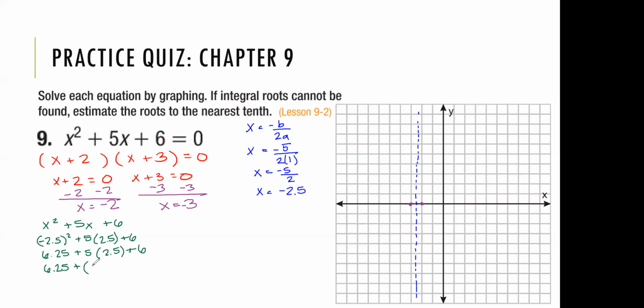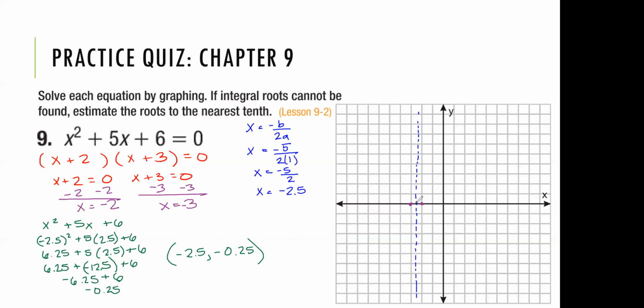So that's 6.25 plus negative 12.5 plus 6. So 6.25 plus negative 12.5 is negative 6.25, plus 6, and that equals negative 0.25. So my vertex is when x is negative 2.5 and y is negative 0.25.